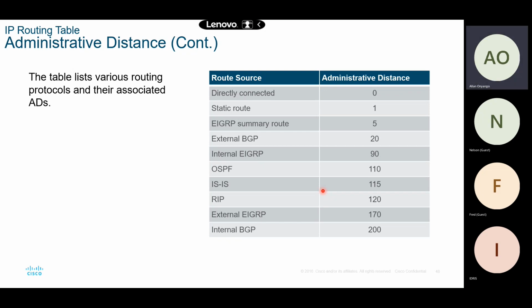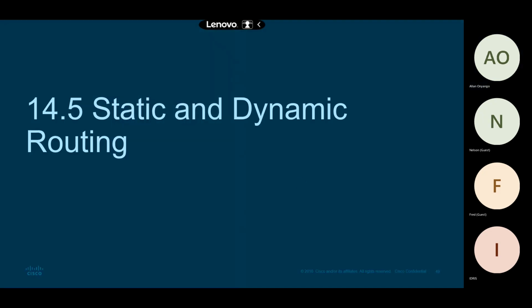RIP is 120. External BGP is 170, and the internal one is 200. You need to have some of these values at your fingertips so that you are not on the wrong side.